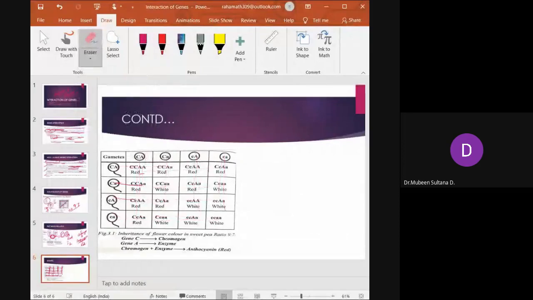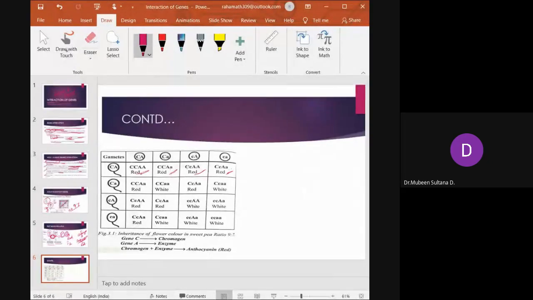So you have got your combinations. When you see this, you have a red flower, a red flower, a red flower, because you have capital C and capital A in all of these.